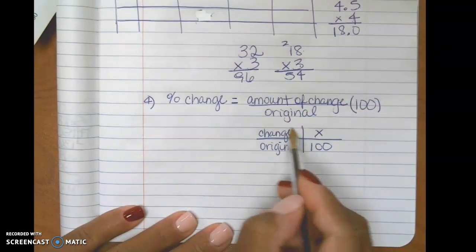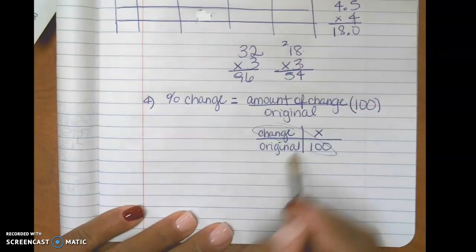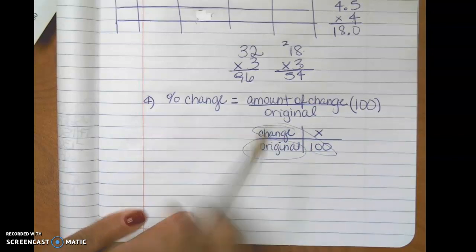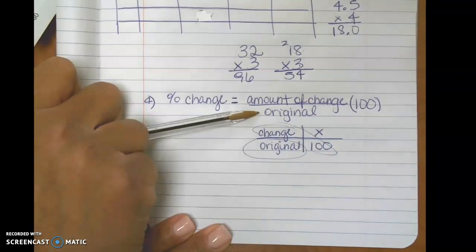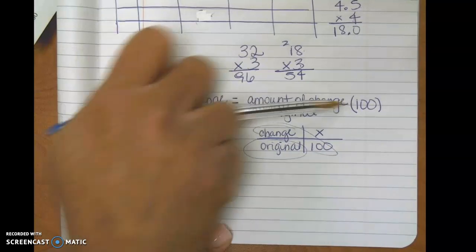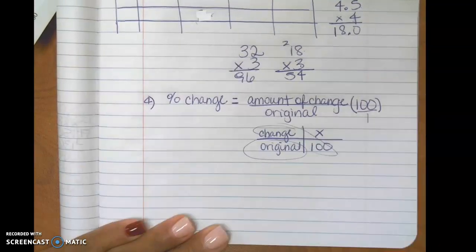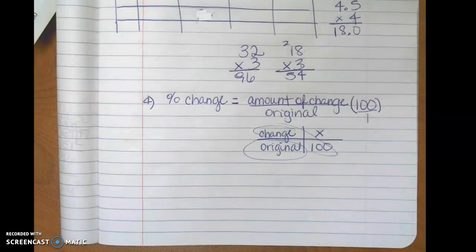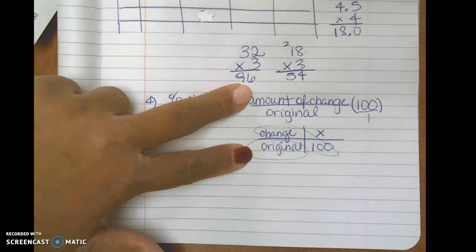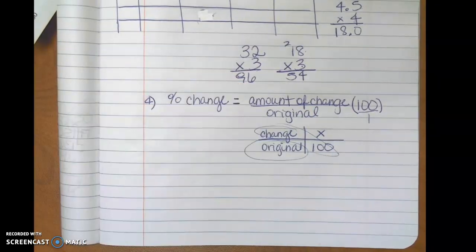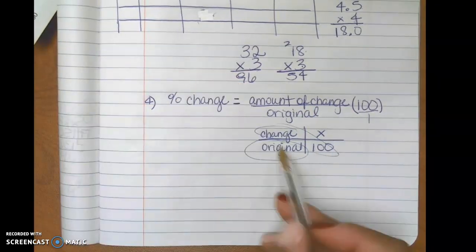I'm still going to cross multiply by 100 and divide by the original. Here I'm dividing by the original, and up here I'm multiplying by 100 because this is technically 100 over 1. Does everybody see that correlation? These two are the same.